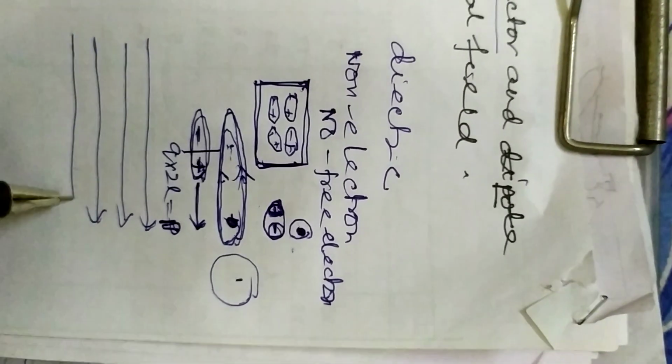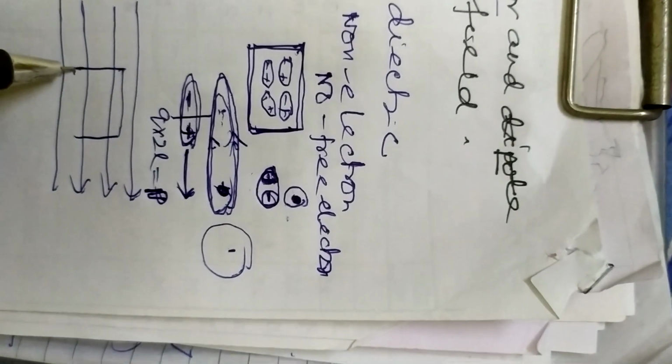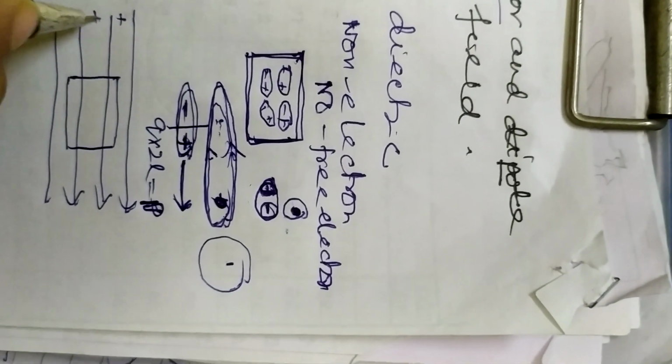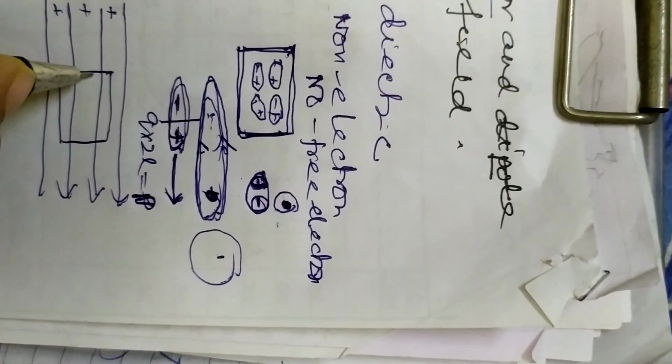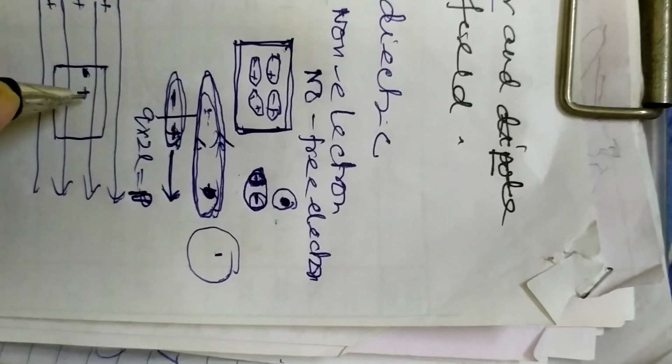Now when we are inserting it in an electric field in this way, so this is the electric field, and in this electric field, when the dielectric is placed, this dipole will get reoriented itself. The negative sides of these dipoles will be at these sides and the positive sides will be here.